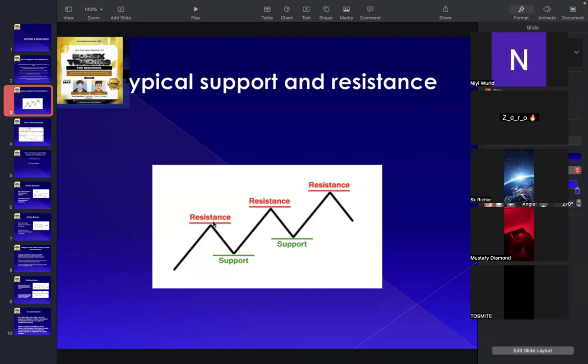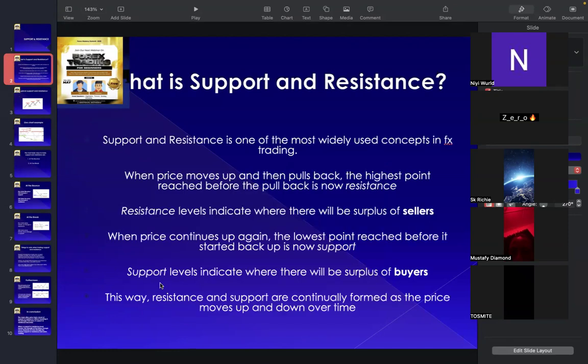And you can see here the market gained a lot of strength, so we can call this place a support zone. Why? Because when the price continues up again, the lowest point reached before it started back up is now support.